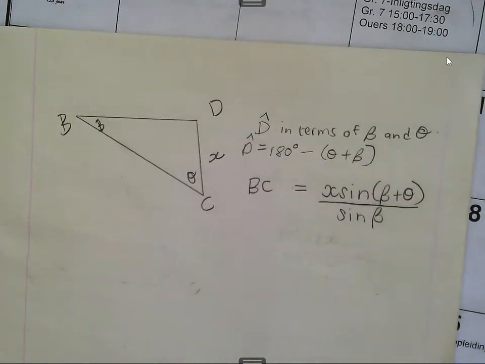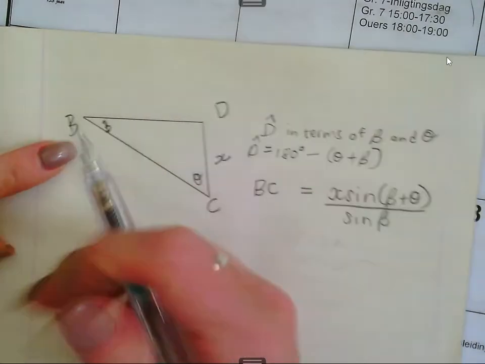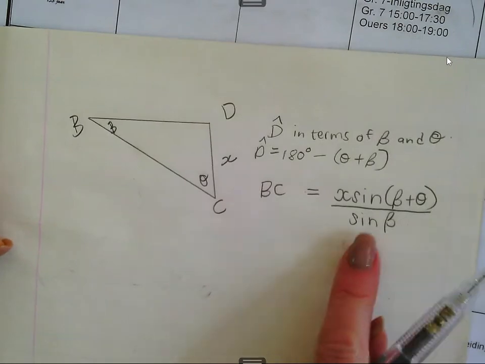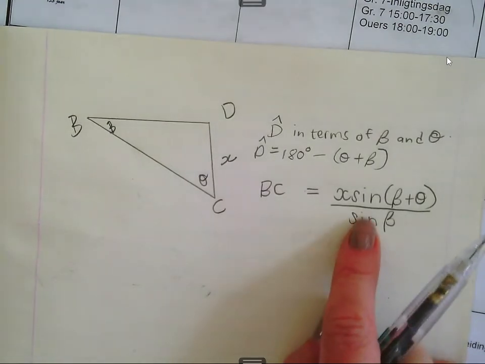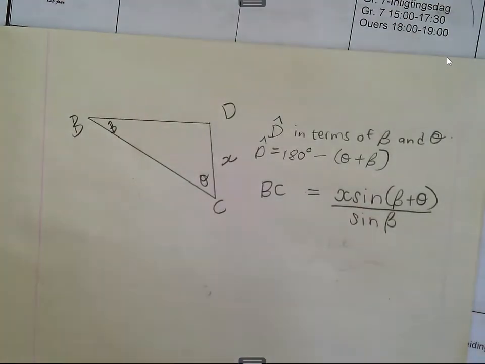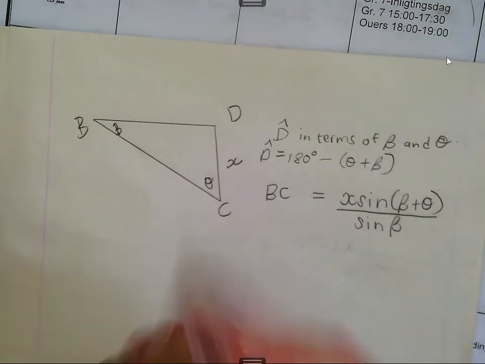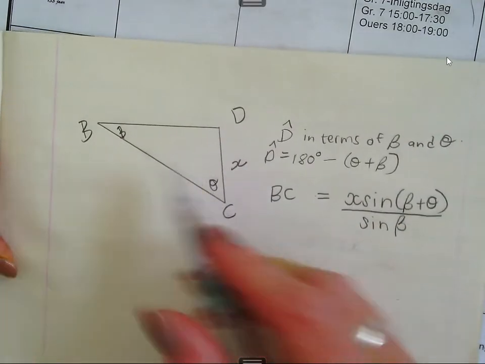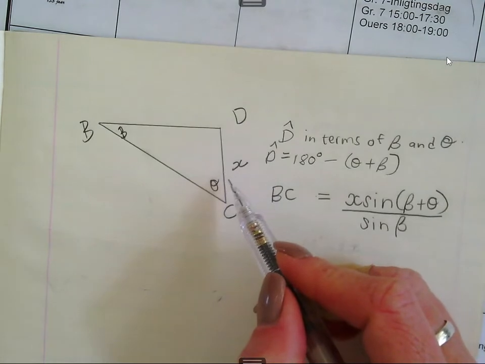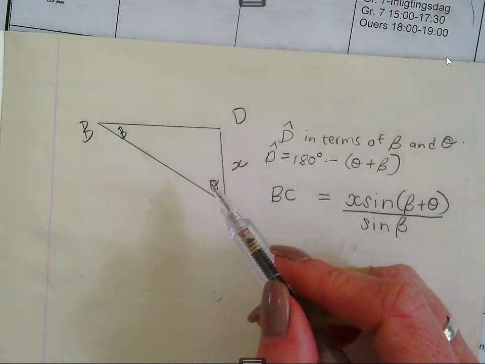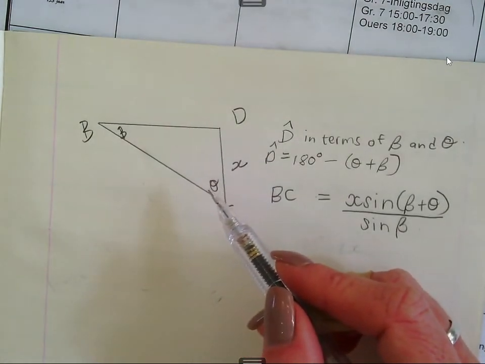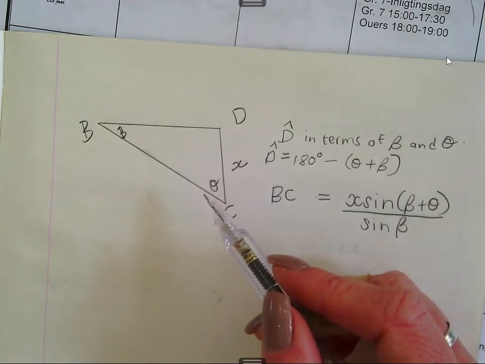So then you know sine, cosine. The one thing I want to look at here, to lead me to use the right rule, is that when you look at the triangle, I've got two angles and a side. Which rule can I use with two angles and a side? That is the sine rule. Okay.